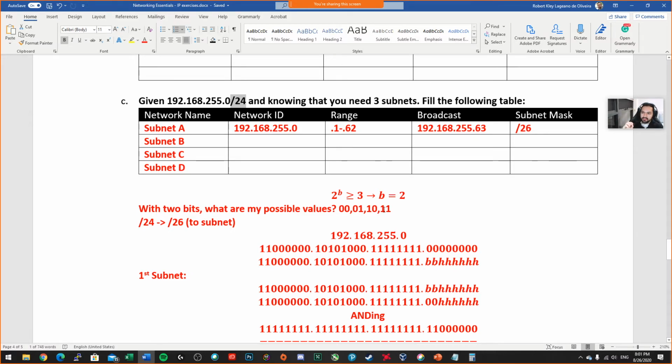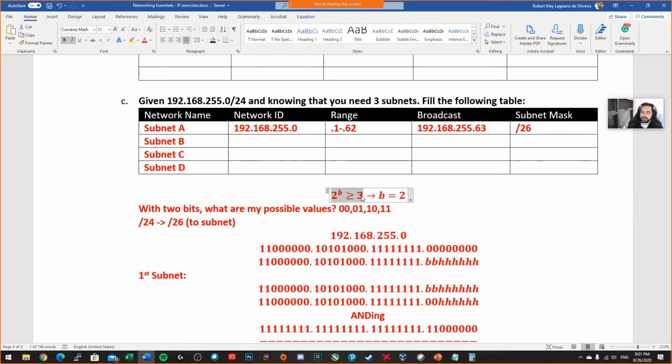We know the formula to calculate the subnets: 2 to the power of the number of bits that you borrow needs to be equal to or greater than the number of subnets that you have. So what is the value of B that will satisfy this condition? 2. So 2 to the power of 2 is 4. So 4 is greater than 3. It satisfies the condition. You need to borrow 2 bits. No questions asked. Correct?